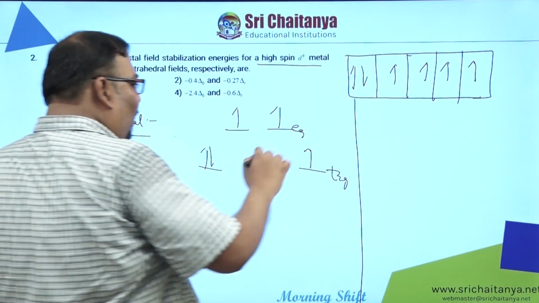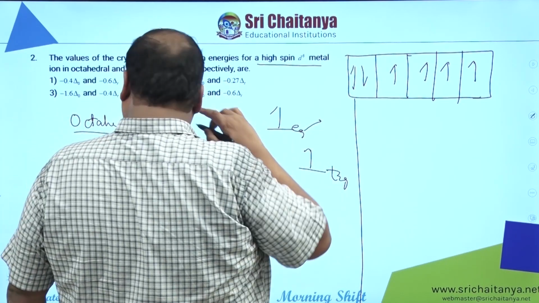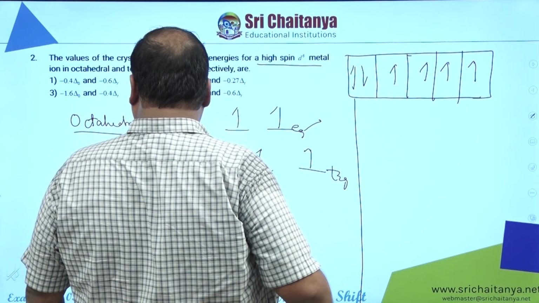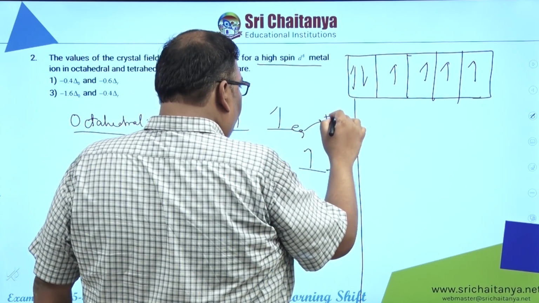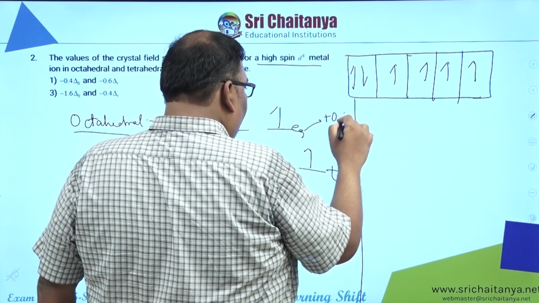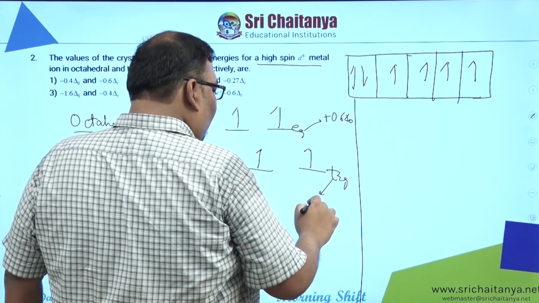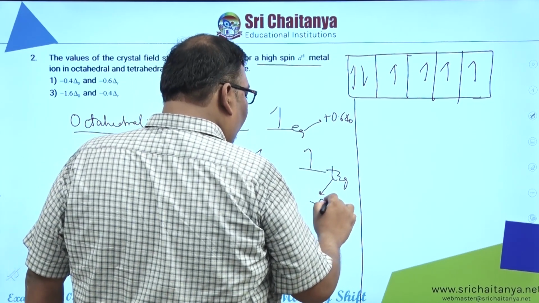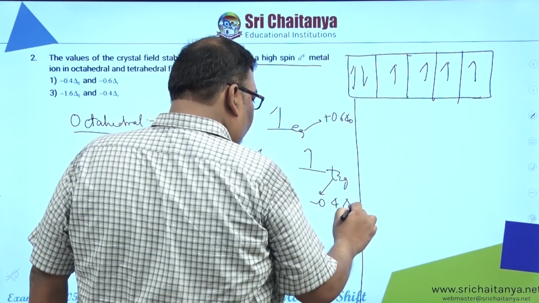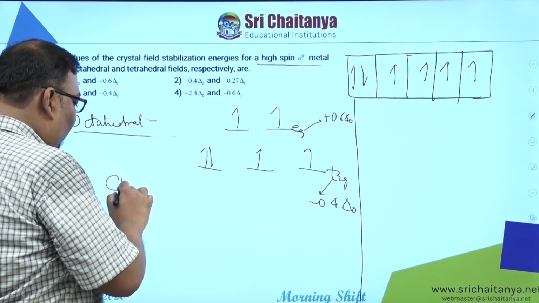For each Eg electron, the crystal field stabilization energy contribution will be plus 0.6 delta naught, and for each T2g electron, the crystal field stabilization energy per electron will be minus 0.4 delta naught.